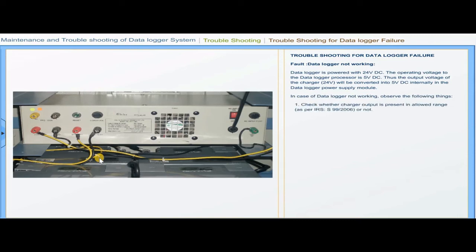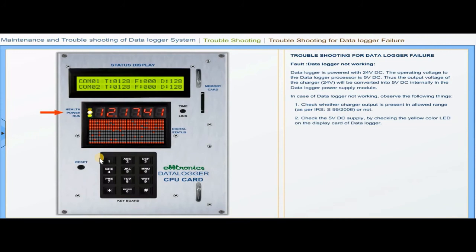Check whether charger output is present in the allowed range as per IRS S99/2006 or not. Check the 5 volt DC supply by checking the yellow color LED on the display card of the data logger. LED on, supply on. LED off, supply off.